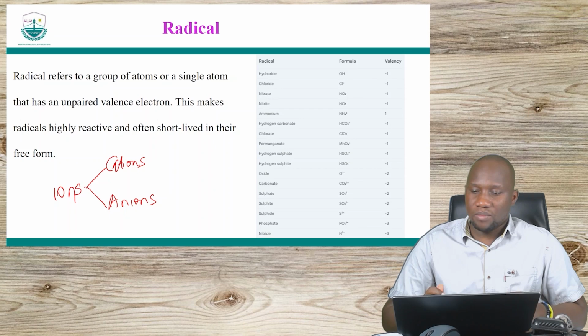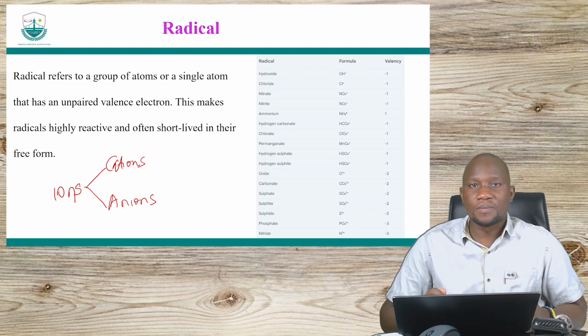Then you have ammonium positive 1, hydrogen carbonate -1, chlorate -1, permanganate -1, hydrogen sulfate -1, hydrogen sulfide -1, oxide -2, carbonate -2, sulfate -2, sulfide -2, phosphate -3, and then nitride -3.